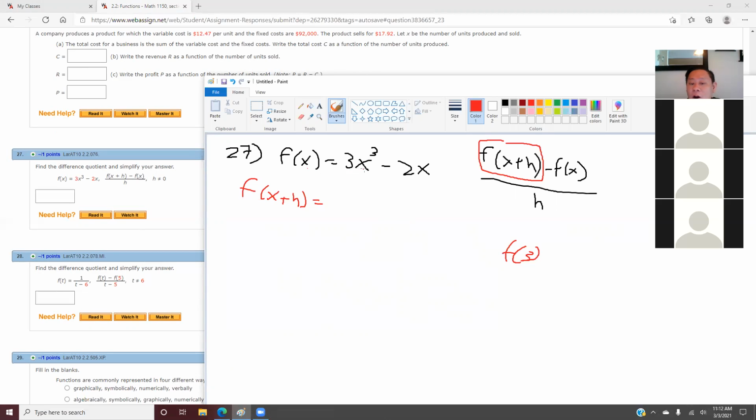I substitute all this x to become 3, right? So f of x plus h means that I will substitute all the x, as I put them in parentheses. So all these x will be replaced by x plus h.